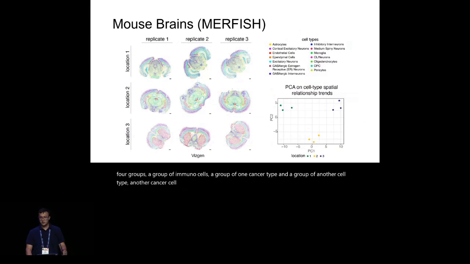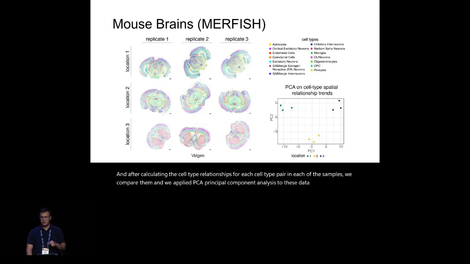Looking into the multiple sample analysis, we analyzed 9 mouse brain data sets, 3 replicates from 3 different locations, and after calculating the cell type relationships for each cell type pair in each of the samples, we compared them and we applied PCA, principal component analysis, to these data sets.